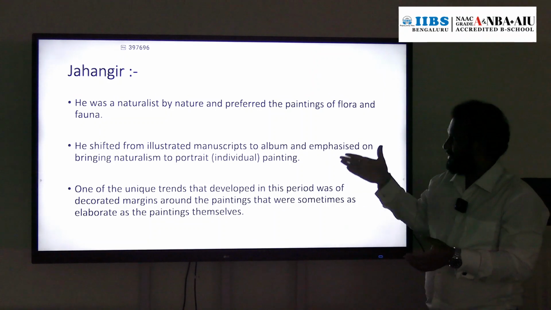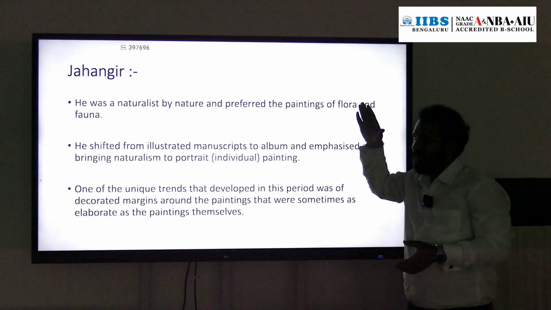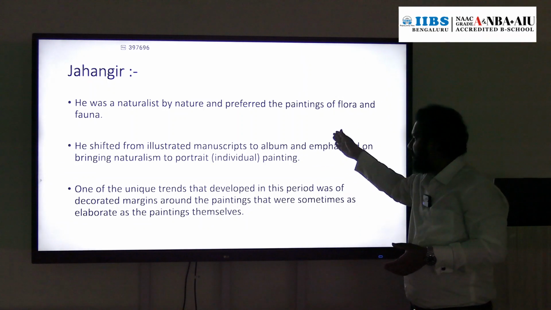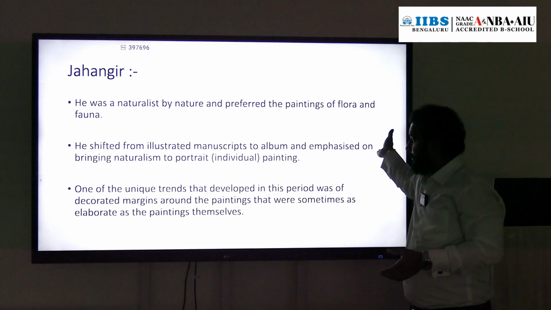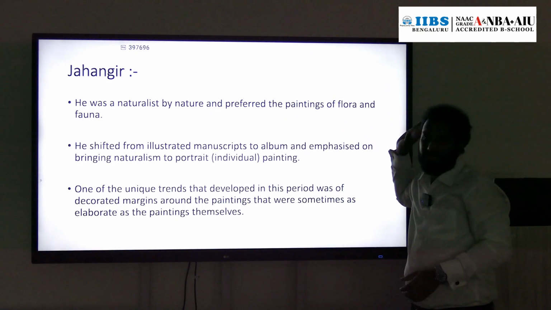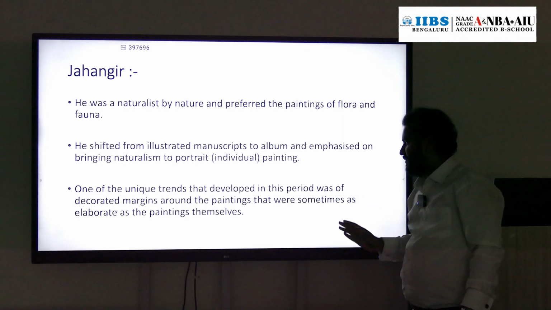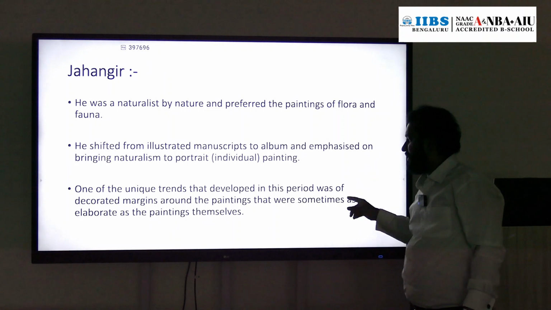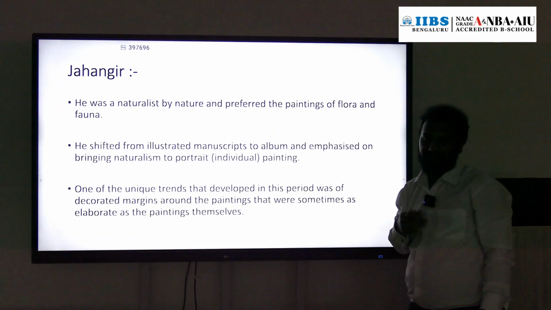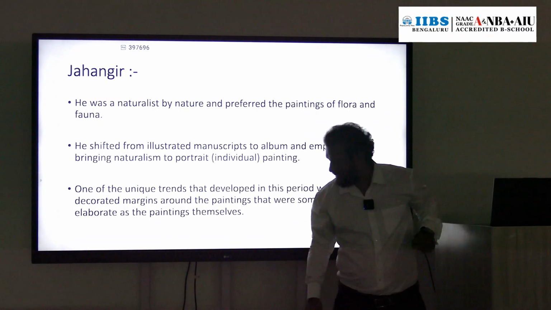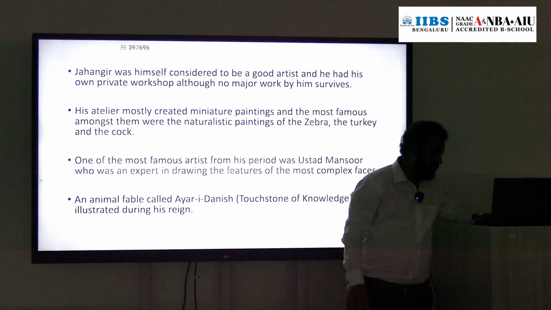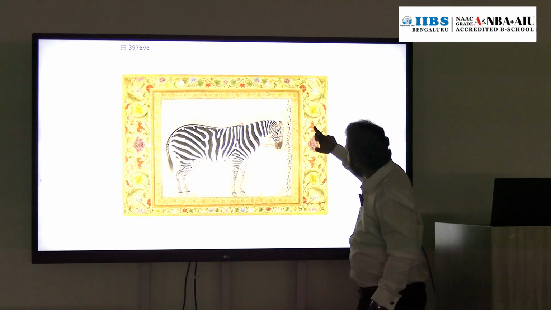So during Jahangir's time, the Mughal paintings shifted from the manuscript to albums, which give importance to portraits and individual paintings, either a human figure or an animal figure. One of the unique features was that the margins were highly decorated. I'll show you. See the margins of the painting.